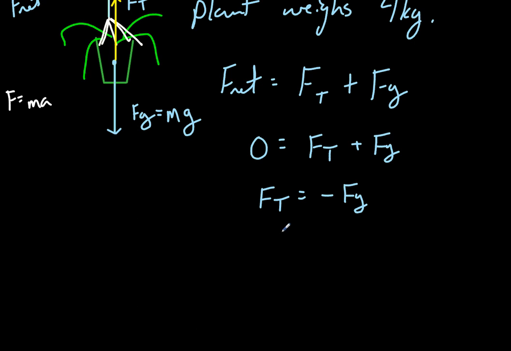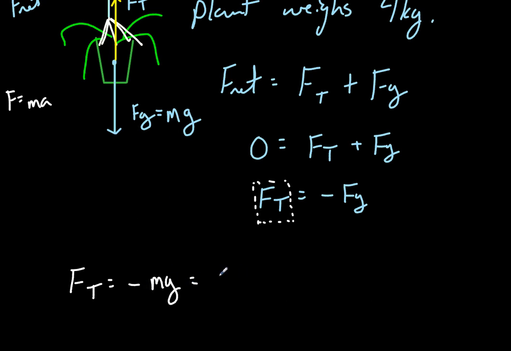So what this is going to work out to, if we want to know what the tension is, we simply have to rewrite this to solve for that, right? So your tension is going to be equal to the negative of Fg, or negative mg.